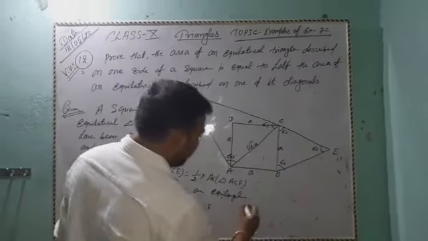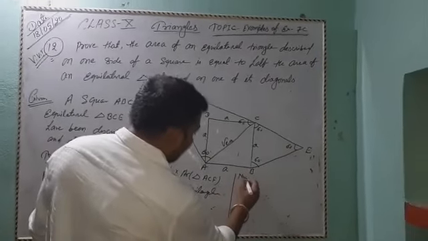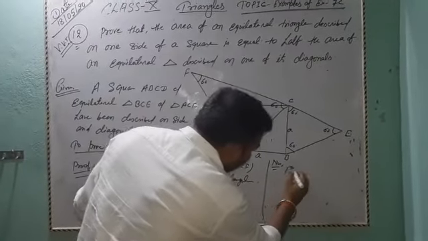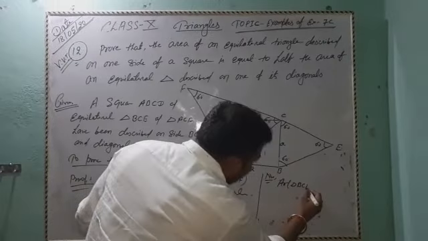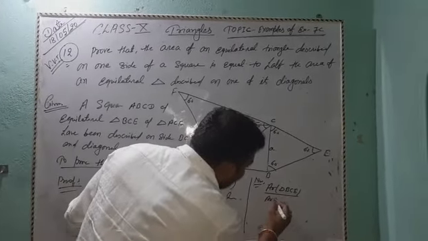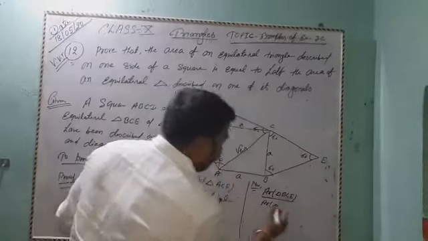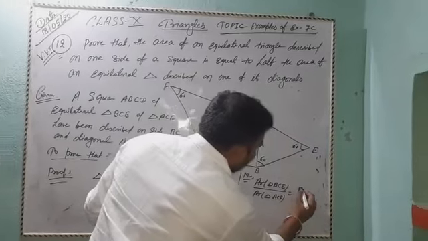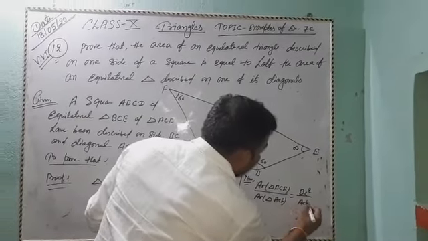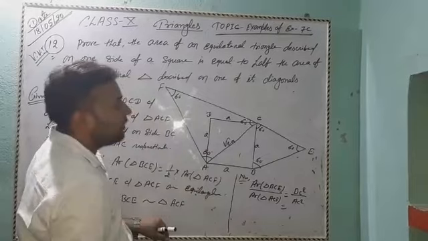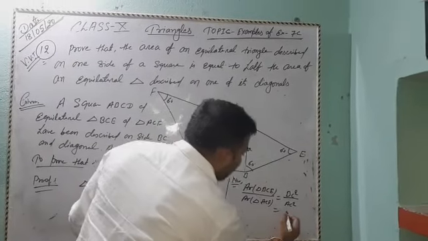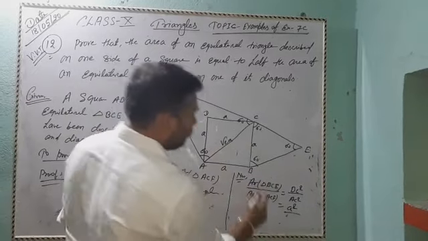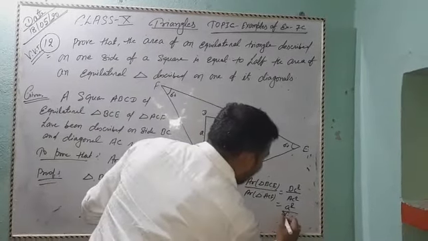So now area of triangle BCE divided by area of triangle ACF equals BC square divided by AC square. BC equals a, so a square, and AC equals root 2 a, so root 2a whole square.